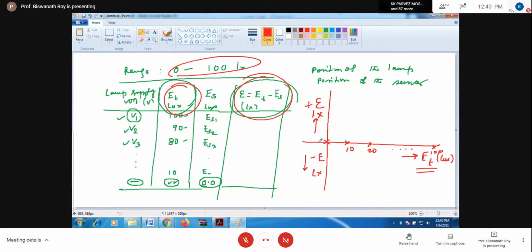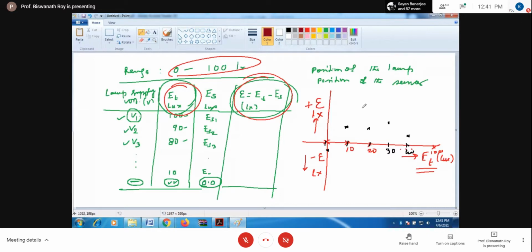The errors are pointed by dots. Suppose this is 30, the error is here, this is 40, the error is here. Error may be positive, error may be negative. So we have the error for the test lux meter at 0, 10, 20, 30, 40, up to 100. But in between, the error is unknown.